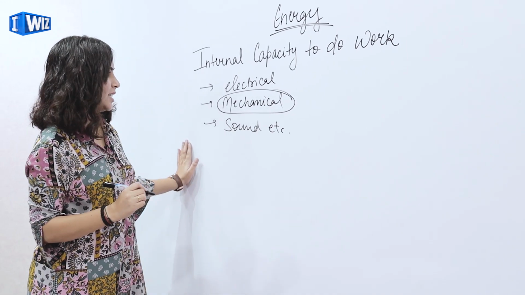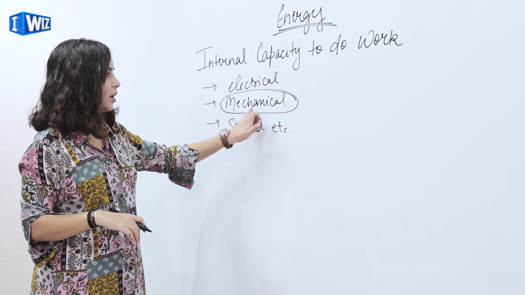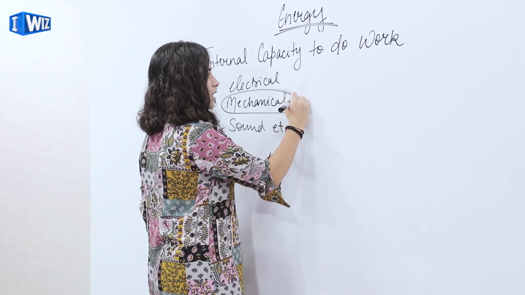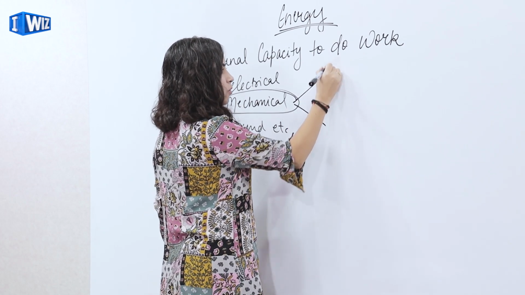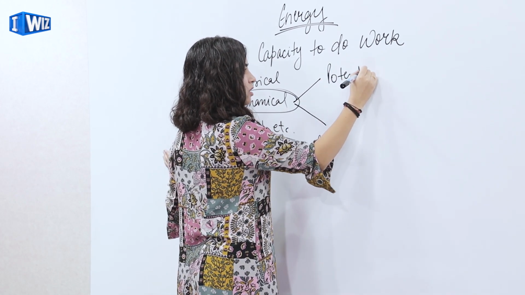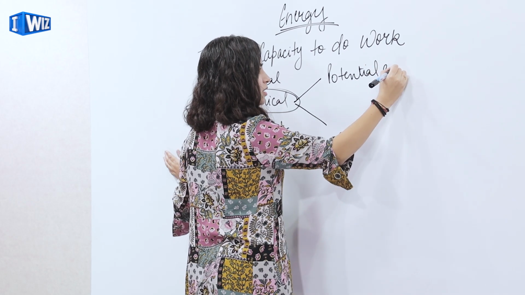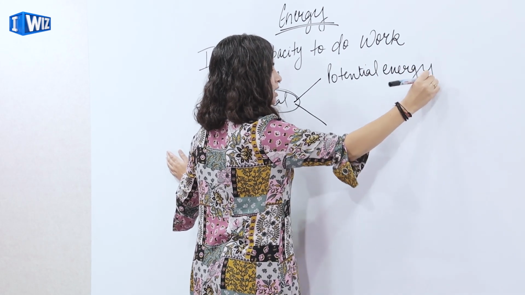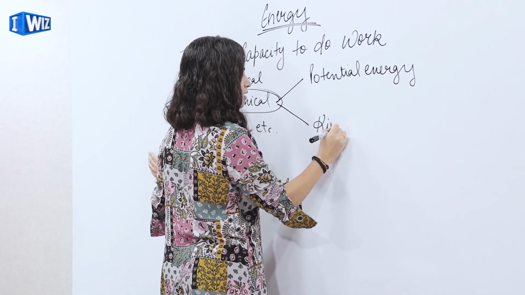Our basic stress in this chapter will be on mechanical energy, which has two further types. One is potential energy and the other is kinetic energy.